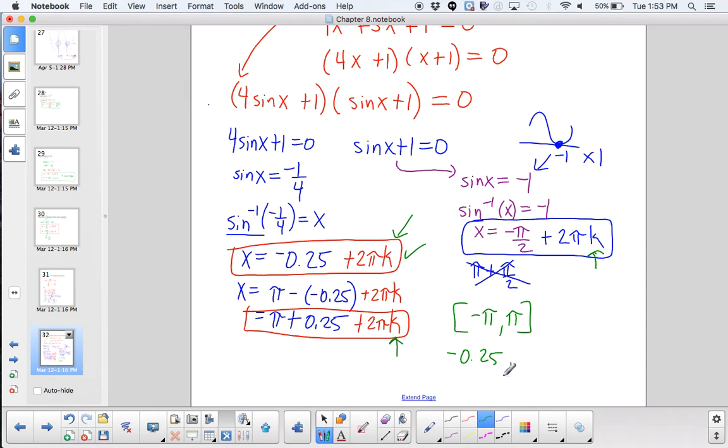So negative 0.25 would work, negative 2.89 would work, which comes from this one. And then we would also have negative pi over 2, which comes from here just by having a k value of 0, would also work. So in the end, we do not have equations for solutions, we actually have exact values for solutions, or an estimate.